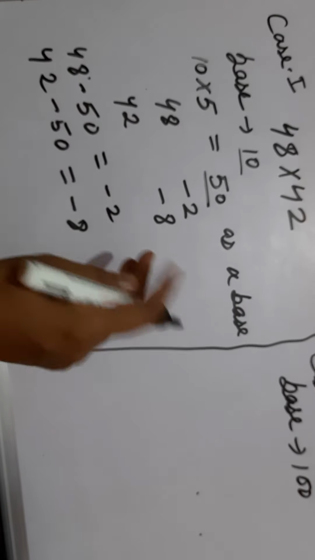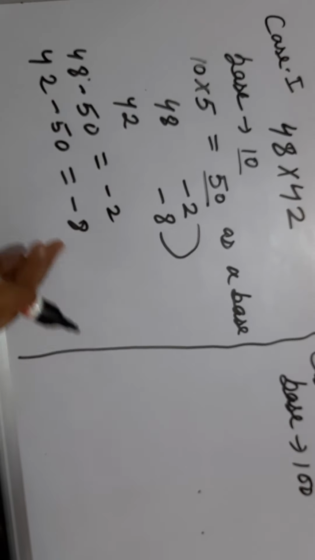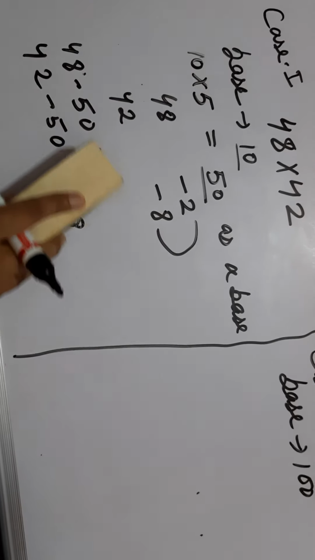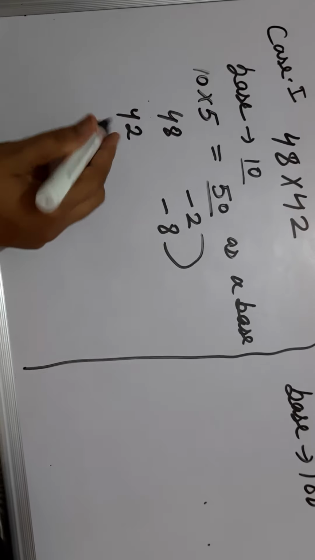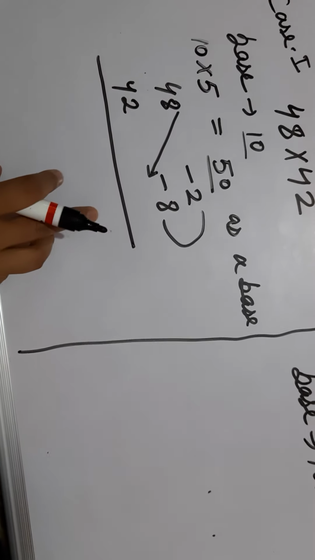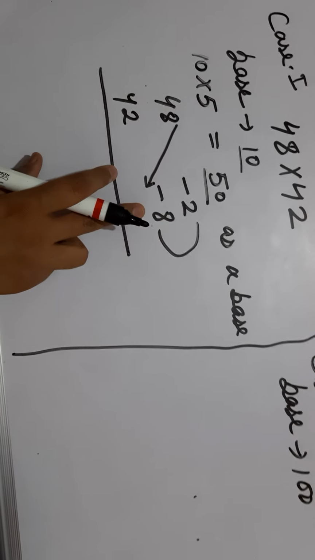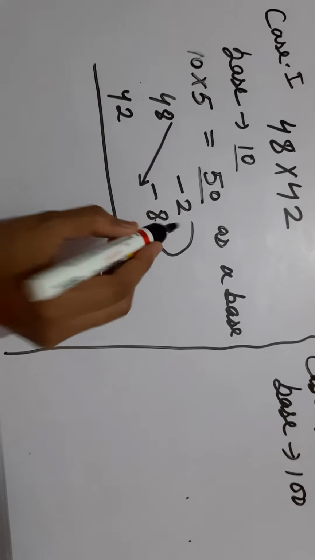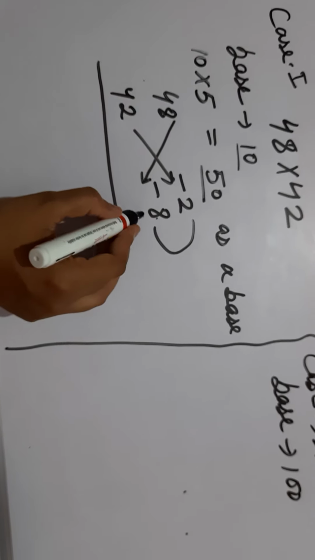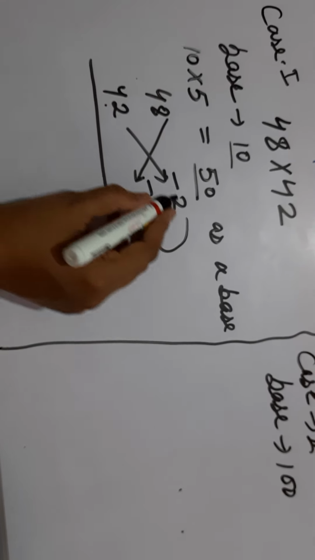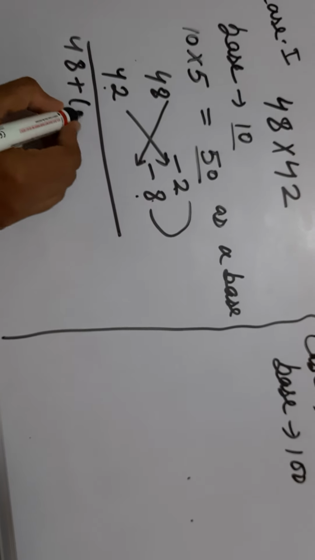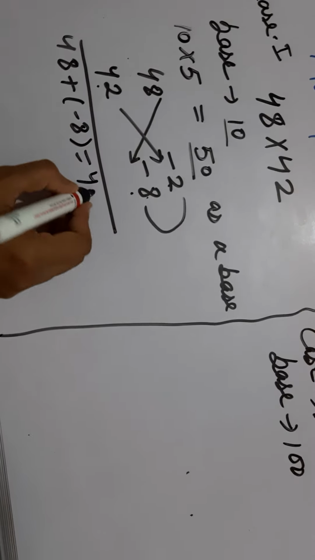So we got these two complements. Let us solve these complements. What we have to do? We use the addition operation in cross with the complements. Either 48 minus 8 or 42 minus 2. So what we get? 48 plus minus 8, that is 40.